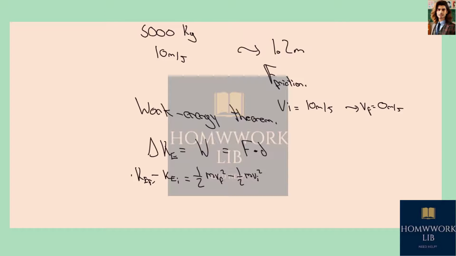In this case, the final velocity is going to be equal to 0, and we're going to end up with minus 1/2 of the mass, 5,000 kilograms, times the initial velocity squared, 10 meters per second, squared.